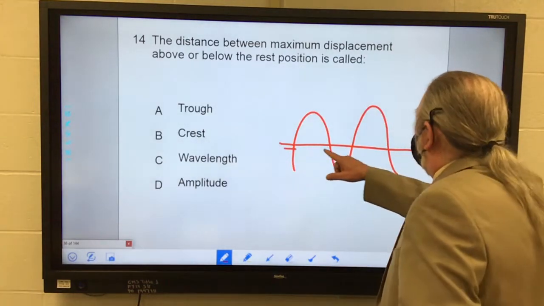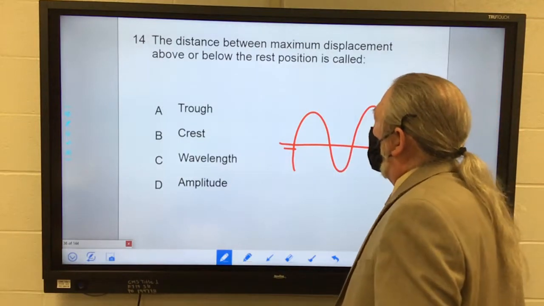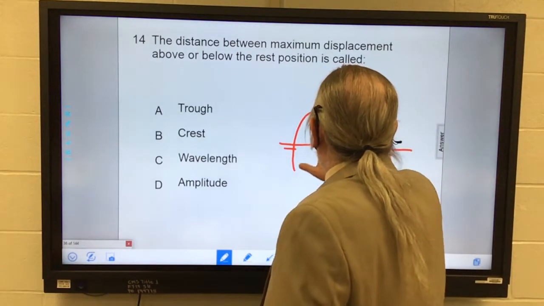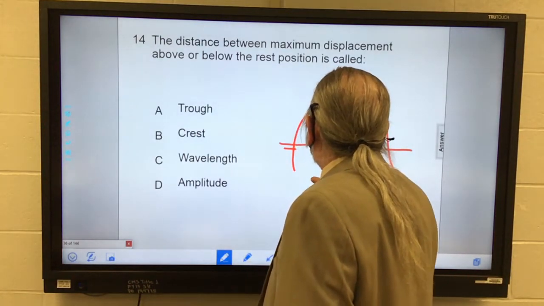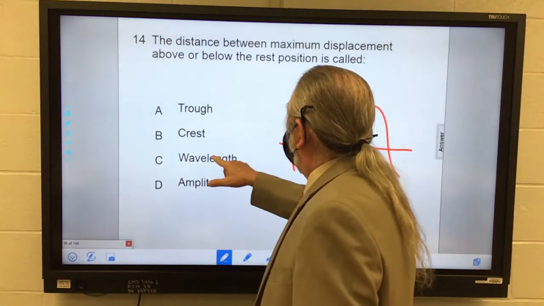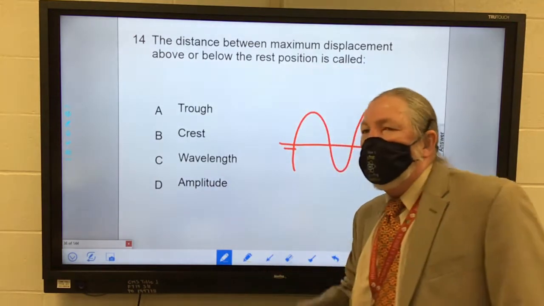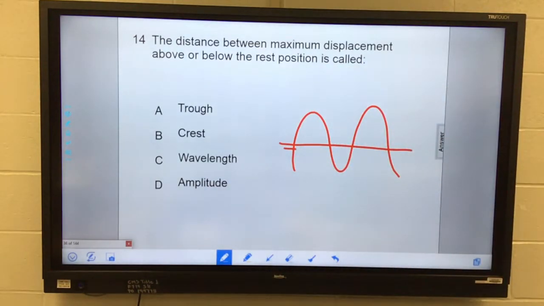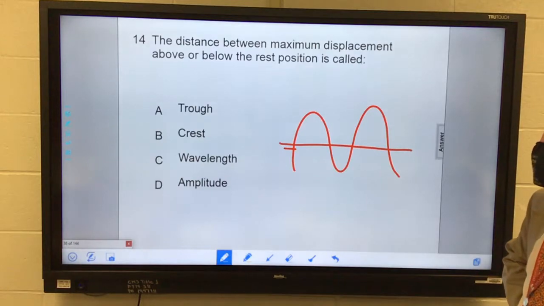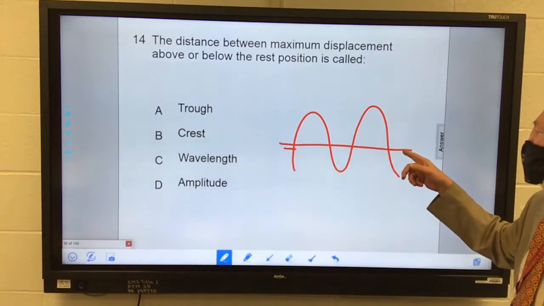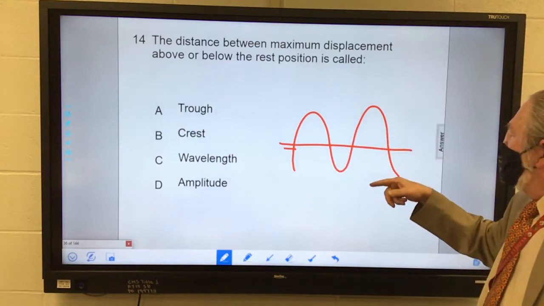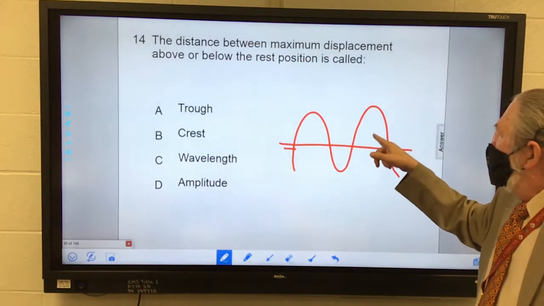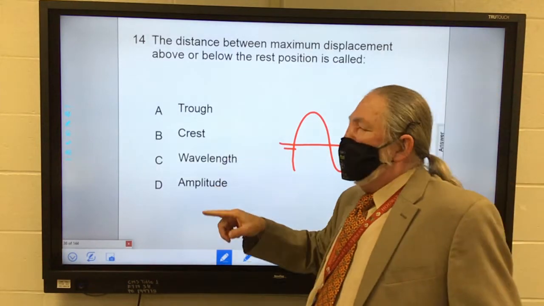So the distance between the maximum displacement, either above or below this line right here, and here are your waves. What is that called? Is that called the wavelength or the amplitude? C or D, only choice. This is your rest position or equilibrium position. These are your waves, and you're going from here to here, or from here to here. What's that called?